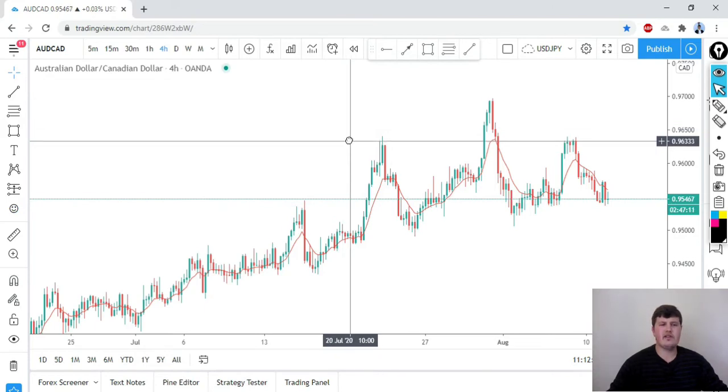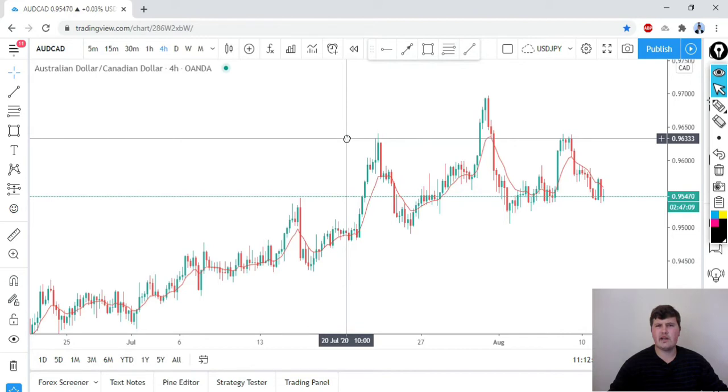To do that, you make use of the bigger time frames, and it's always important to start out with the bigger time frames and then work your way to the smaller time frames, just so that you have an overall picture of where price is at and where price can move to in the near future.